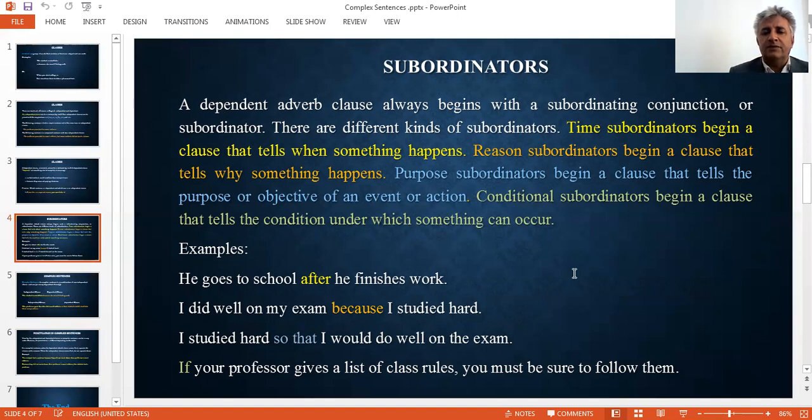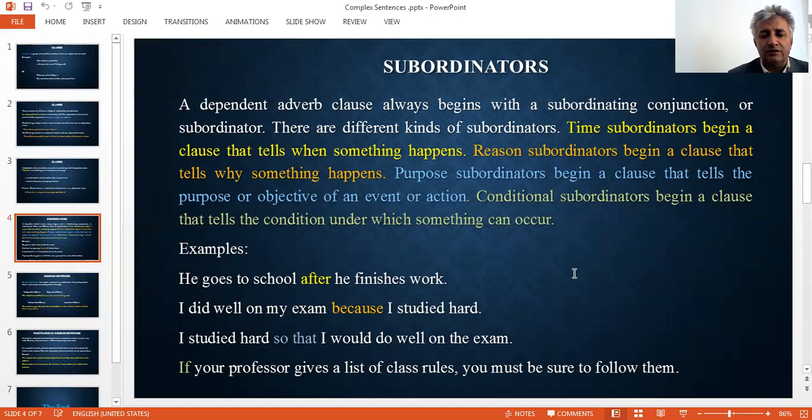Subordinators. A dependent adverb clause always begins with a subordinating conjunction or a subordinator. We have different kinds of subordinators: time subordinators, purpose, conditional, and reason subordinators. Time subordinators begin a clause that tells when something happens. Look at the first example.